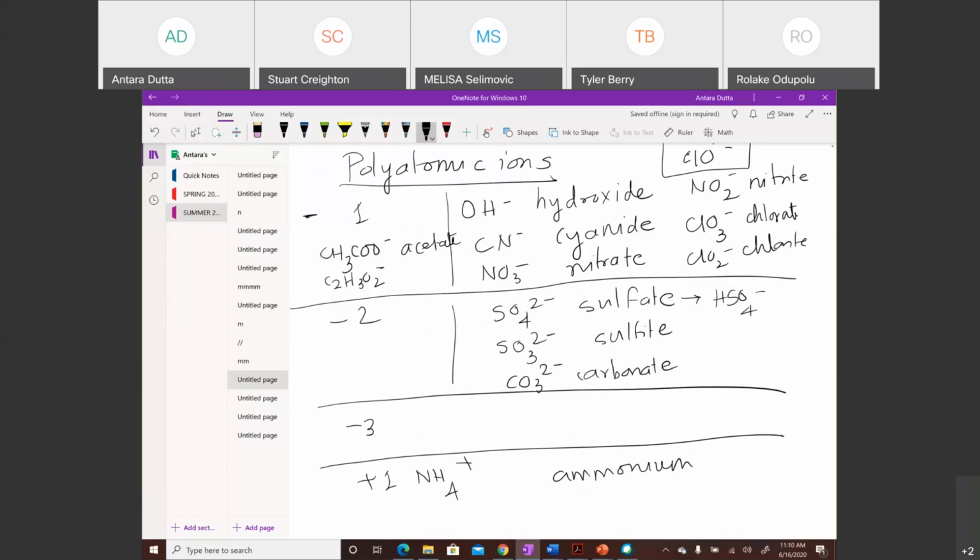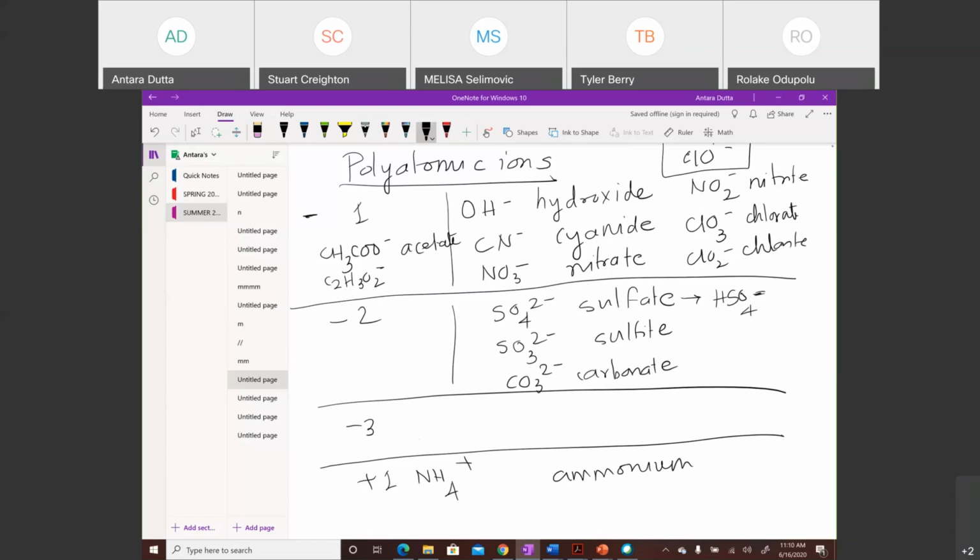This should ideally be in the -1 block, but I did not write it there because it is just the conjugate part of sulfate. So if you look at the difference between SO4 2 minus and HSO4 minus, what do you notice? You notice that we add one hydrogen to SO4 2 minus, and the charge is reduced by 1.